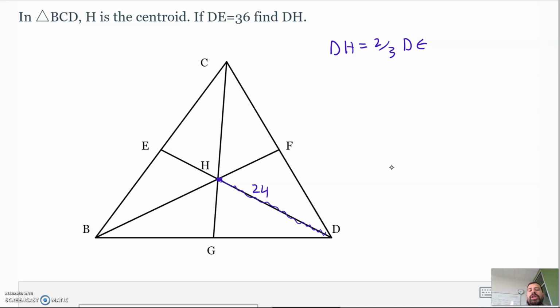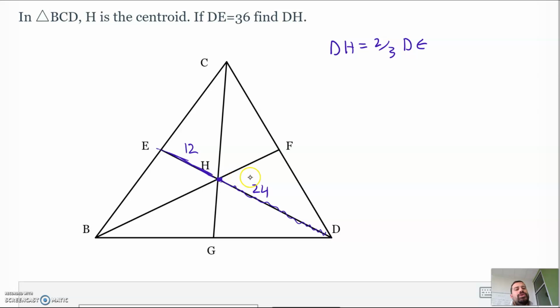And remember the other relationship we talked about, the short segment is going to be 1/3. So 1/3 and 2/3, the way these relate is the short segment is 1/2 of the long segment. So this would have to be 12. If I add those together, I do get 36. In this question, it just wants us to find DH, but eventually we'll have to find the short segment.